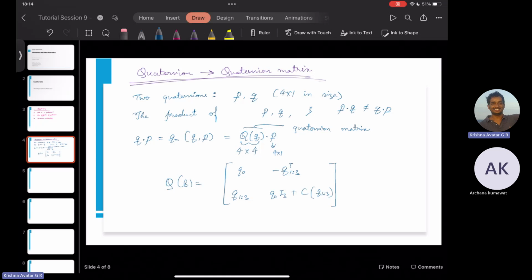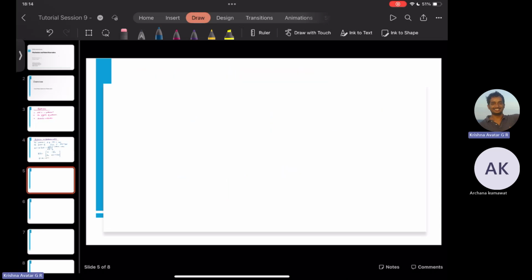So this is the quaternion matrix function, so to speak, right? It's a function which maps quaternion space to R 4 cross 4. It's a 4 cross 4 matrix.